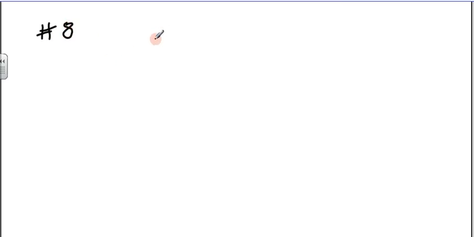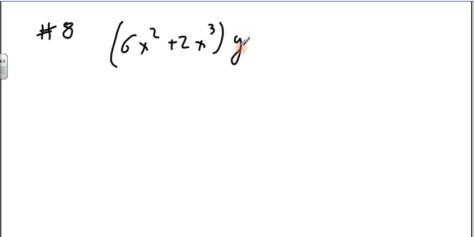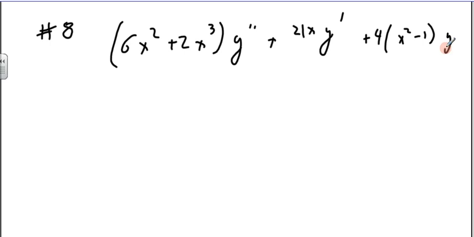Okay, so number 8: 6x squared plus 2x cubed y double prime plus 21x y prime plus 4x squared minus 1 y is equal to 0.